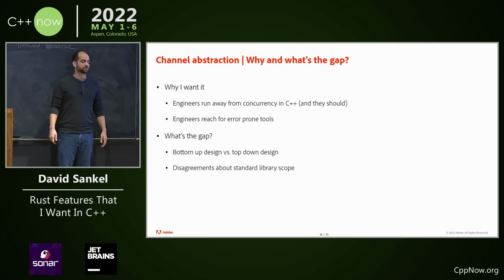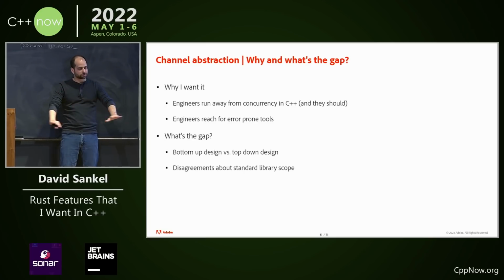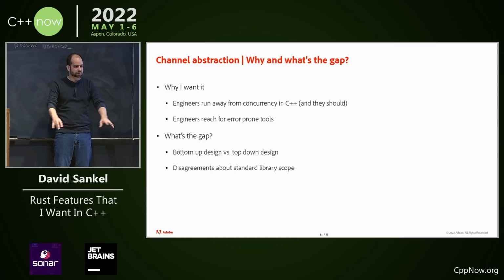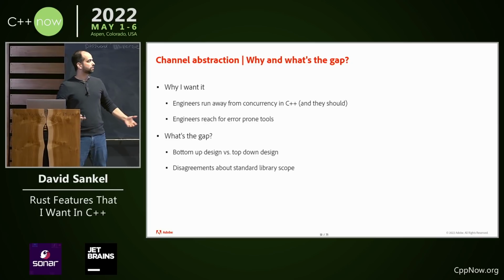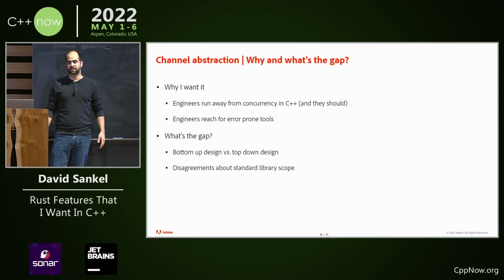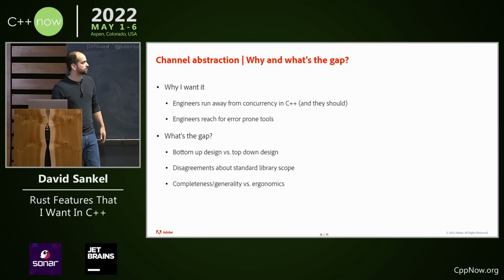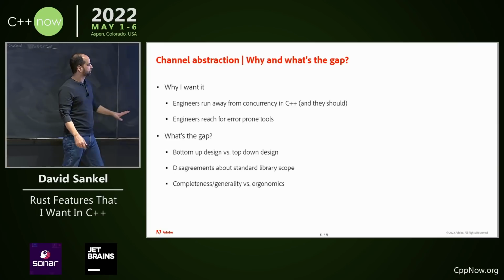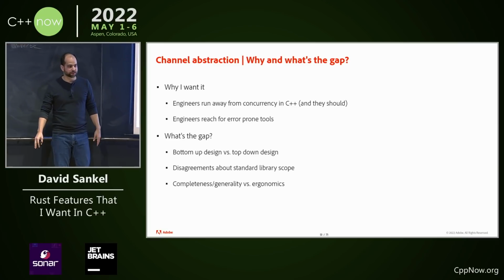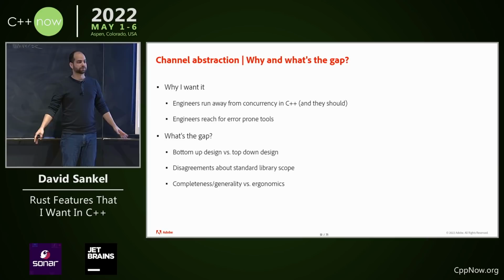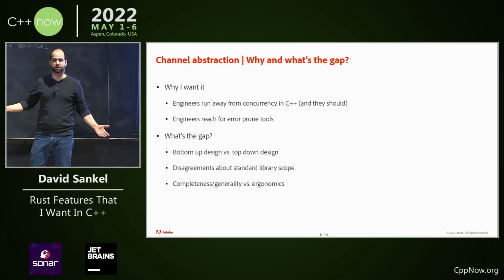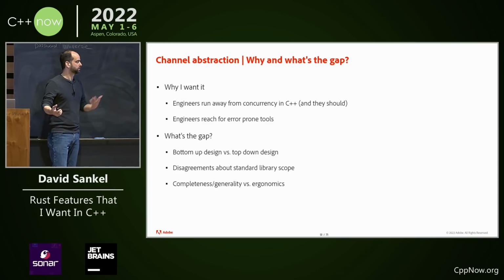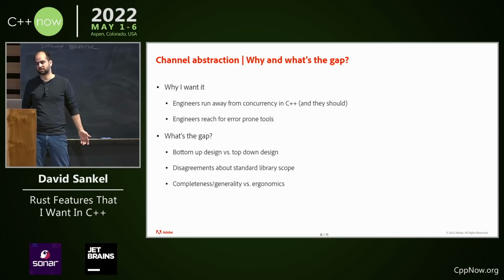Some people think that the standard library should only be the absolute lowest level of things, the bits and the twiddlies. We'd have to get over those disagreements if we were going to get something like this in the standard library. And then there's also a big focus on completeness and generality, that this can be used everywhere, versus, hey, this is going to be the ergonomic solution for 95% of our users. We need to work through these things.